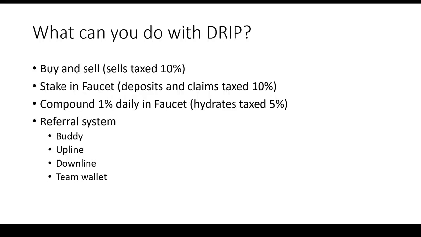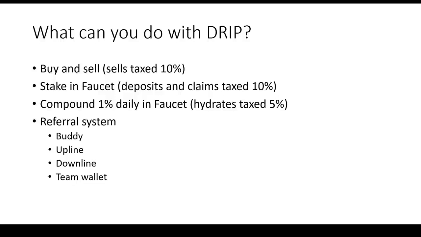The taxes serve to pay the 1% dividends that deposits are receiving. So there is absolutely no need to have a downline. You don't have to recruit anybody to participate in the Drip network. You do need an upline, you do need a buddy, but that's just one level that's above you.